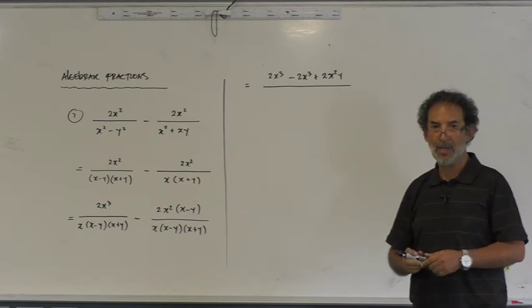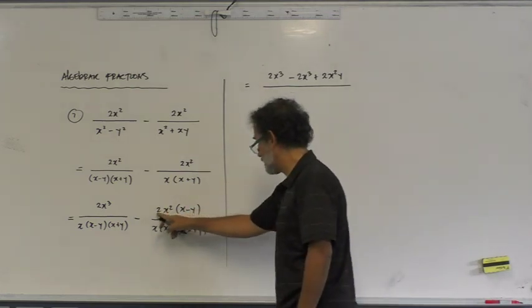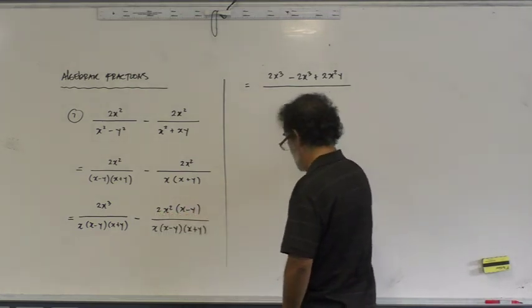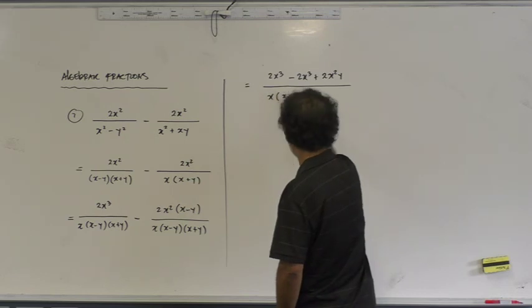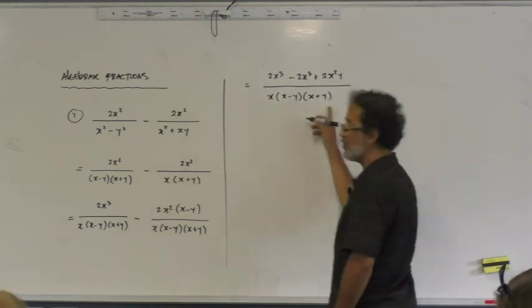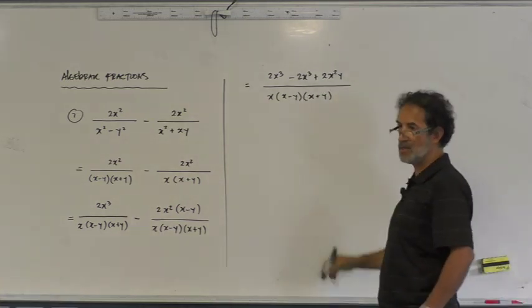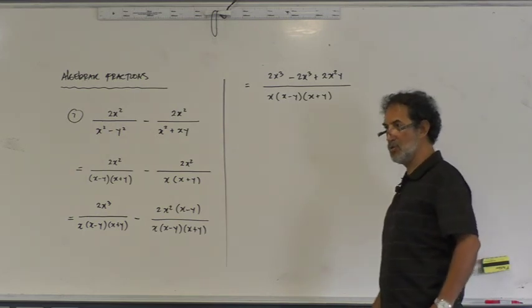Why is it 2x squared? Because of the times. Oh, 2x squared y, sorry. Okay, and then the common denominator. And again, do not expand the denominator, because if you expand this, then it's going to be horrible.